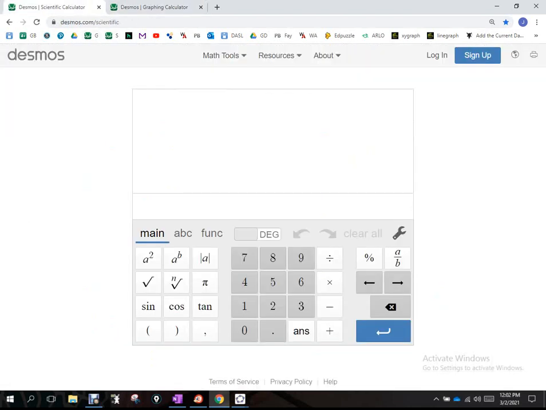But in every calculator there is a key that you have to make sure is turned on correctly. We usually call it the mode. Basically what it's doing is flip-flopping back and forth between two units of angle measurement that we use all the time.